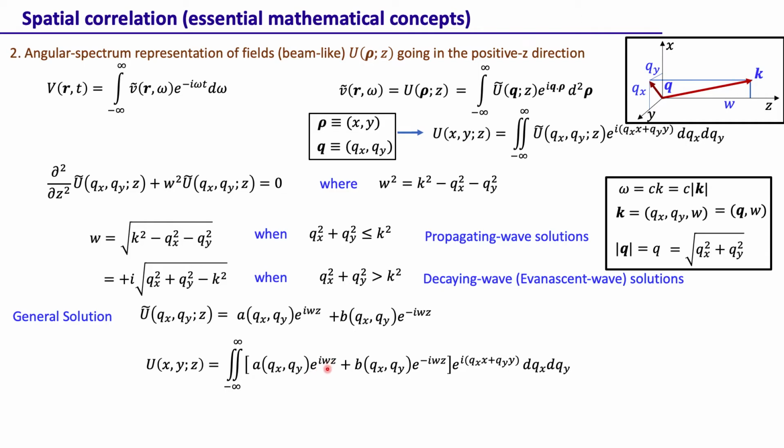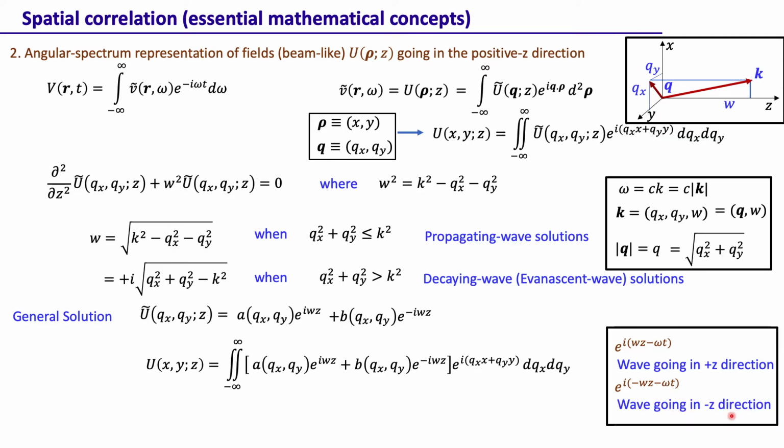Now we have these two terms, the propagating solutions e to the i w z and e to the minus i w z. If we combine this with the e to the minus i omega t time dependence, then the first term gives e to the i (w z minus omega t), and this is a wave going in the positive z direction. On the other hand, this one will give e to the minus i (w z plus omega t), and this is a wave that is going in the minus z direction.